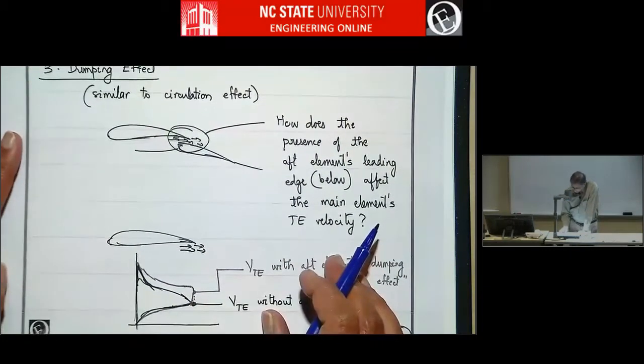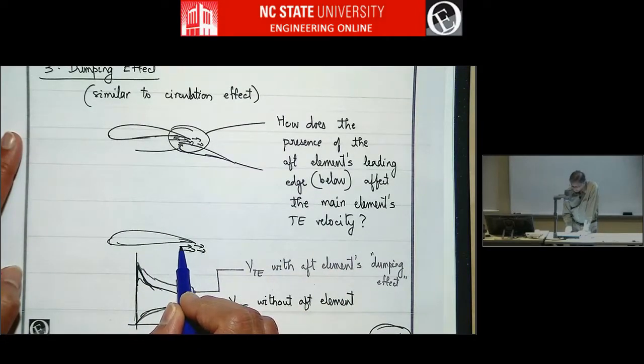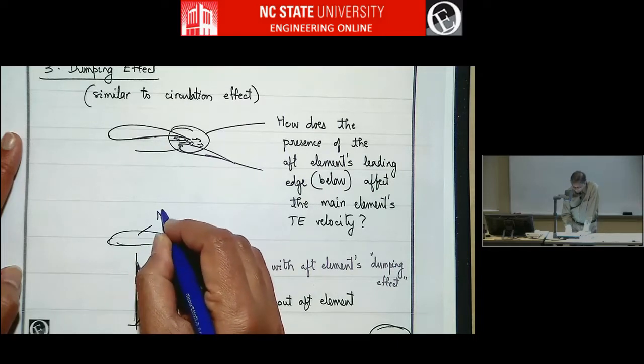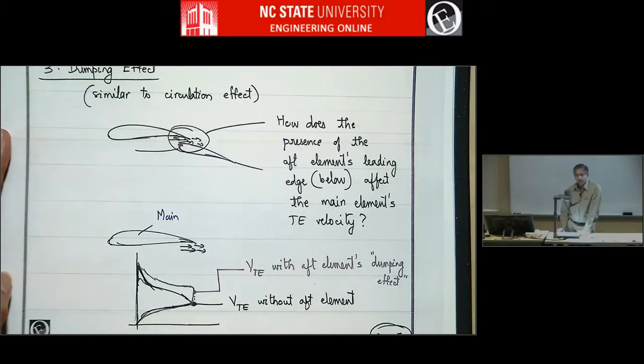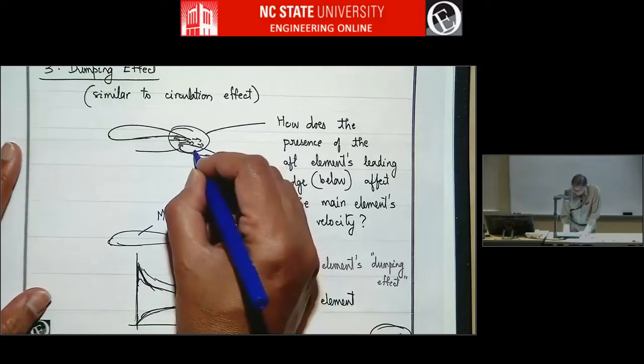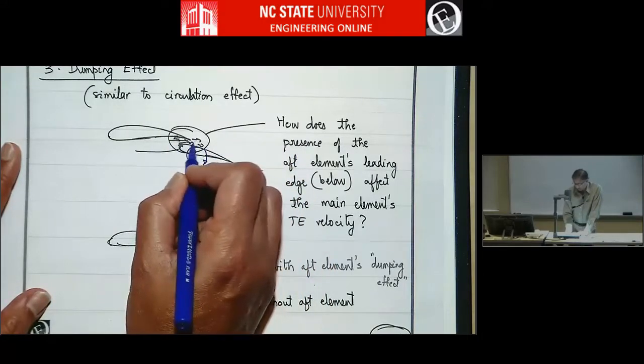What this does is the aft element causes an increase in flow speed near the lower trailing edge of the main element, because this is like a vortex, right? So if you position this aft element correctly, you will have an increase in flow speed here.